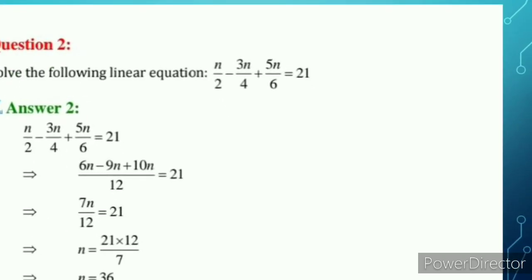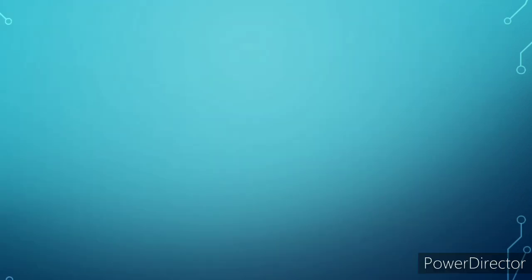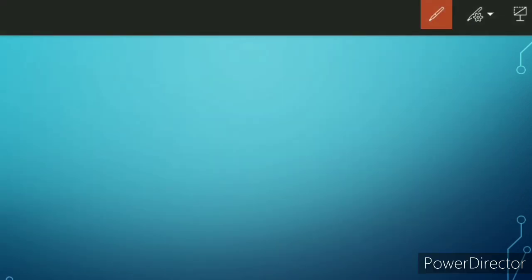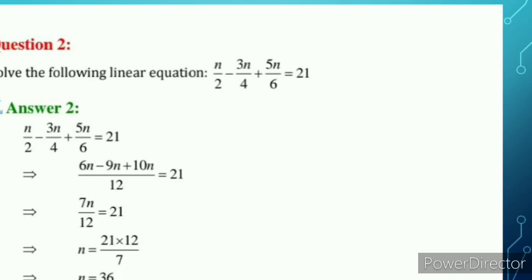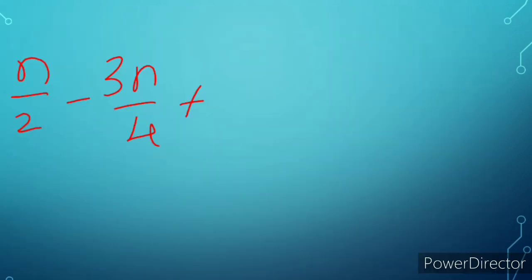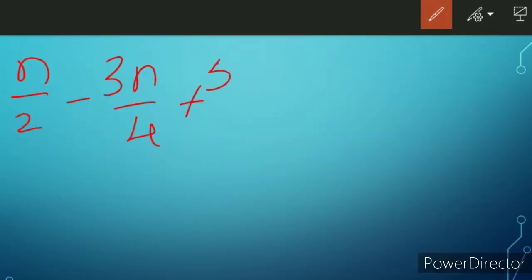I will do it on the next page. What is the equation? n by 2 minus 3n by 4 plus 5n by 6 equal to 21.